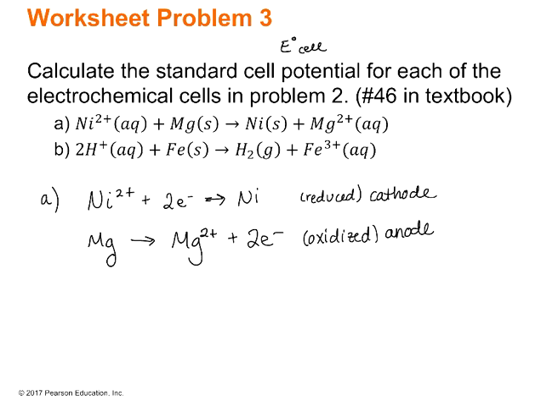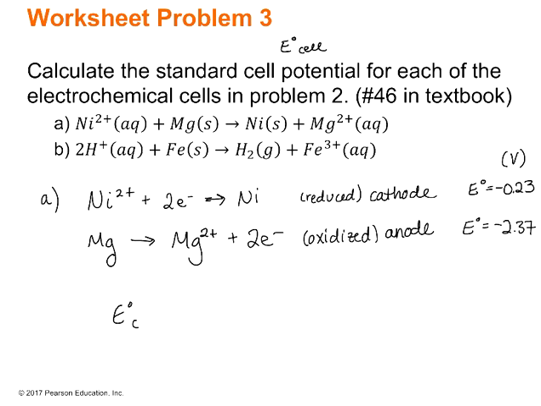So now if you want to pause the video and look up the potential values for each of these half reactions, you can do so. Okay, so for nickel, the potential value is negative 0.23, and everything is in units of volts. For magnesium, the value is negative 2.37 volts.